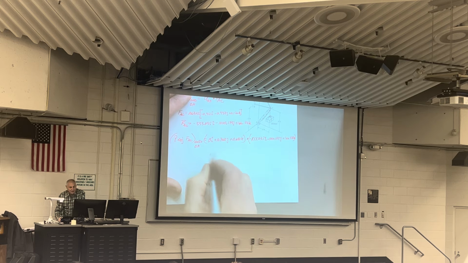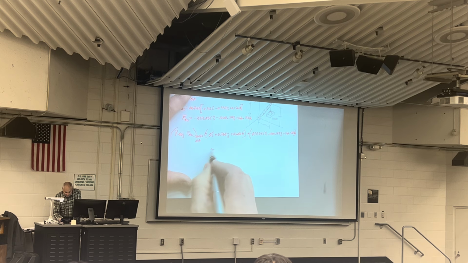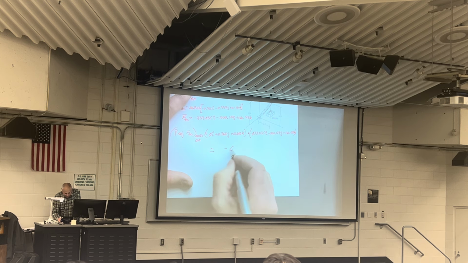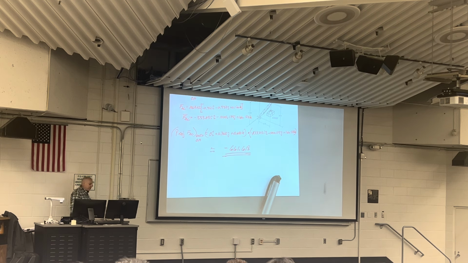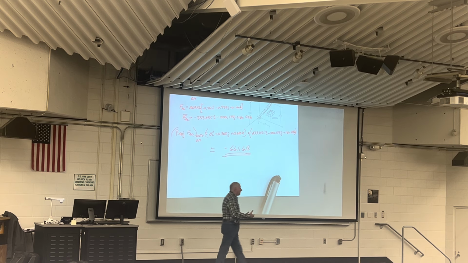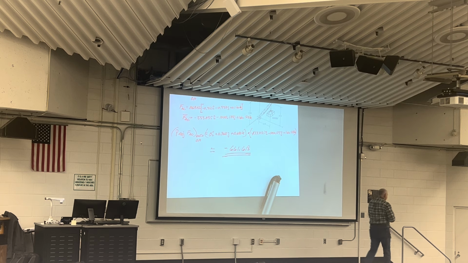When I do that, do I get an IJK or do I get a number? It's a number, negative 661.618. It is a number, because it should be a scalar. I'm doing a dot product, I should get a scalar, a value, a number, not an IJK form.